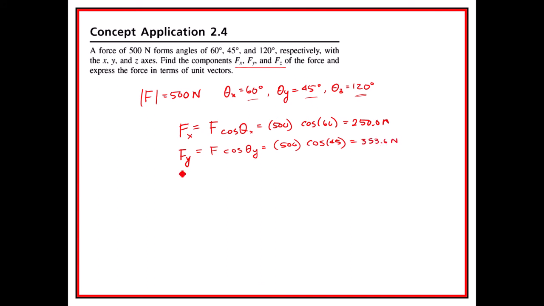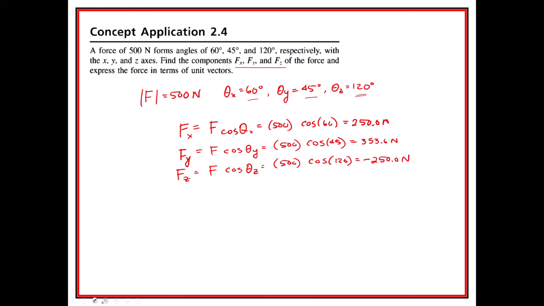353.6 newtons. And then lastly, Fz is equal to F times the cosine of theta z, or 500 times the cosine of 120. Now you notice that's greater than 90, so we can expect to get a negative answer, right?